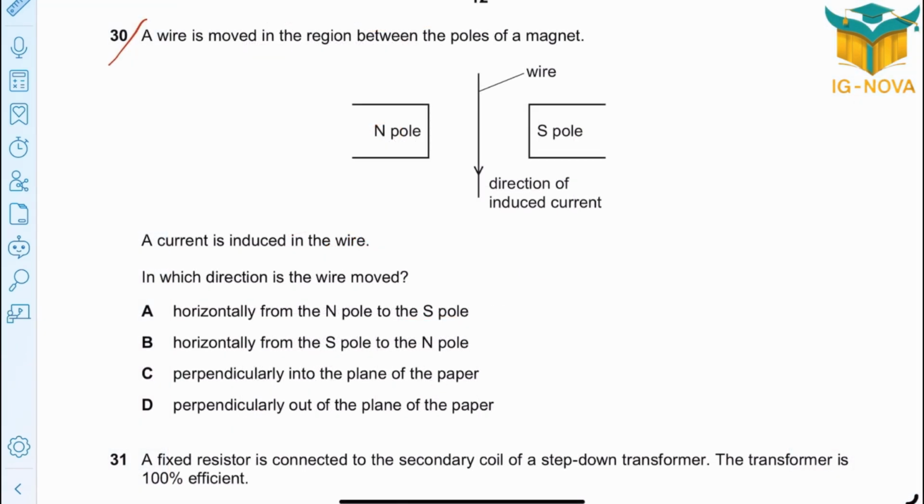Question 30. A wire is moved in the region between the poles of the magnet. Here is a wire moving from north to south pole. A current is induced in the wire. In which direction is the wire moved? Here, what rule are you going to use? It's Fleming's right hand rule.